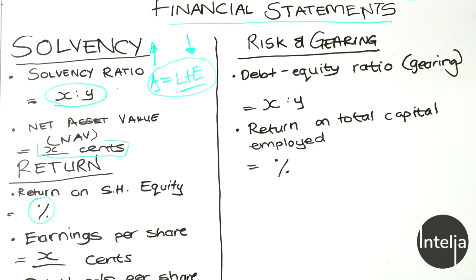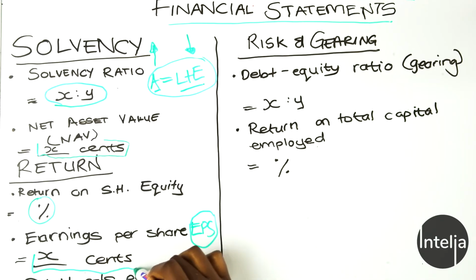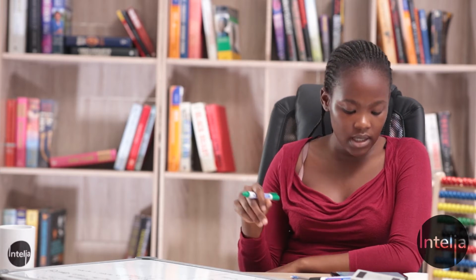Then we move on to earnings per share or EPS. That's usually what they call it when they ask you questions about it. It is measured in cents, so X cents. And it is to establish if the purchasing of shares was worthwhile or not, and also whether or not the company has long-term sustainability and growth potential. So all of this return has to do with, as the person who put money into this business, am I seeing what I'm supposed to see?